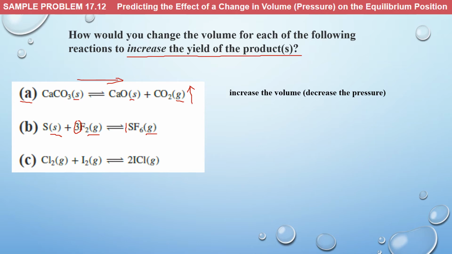If we want to increase the concentration of the product, which has a lower coefficient, meaning a lower number of molecules, we should decrease the volume. By decreasing the volume, the reaction will proceed or be shifted to the right hand side, generating more of this SF6.